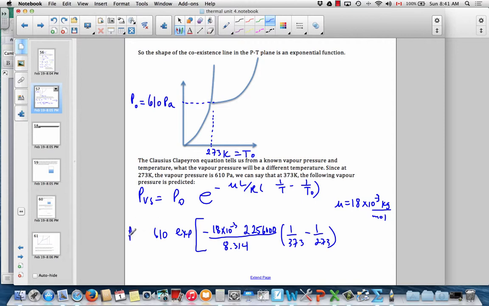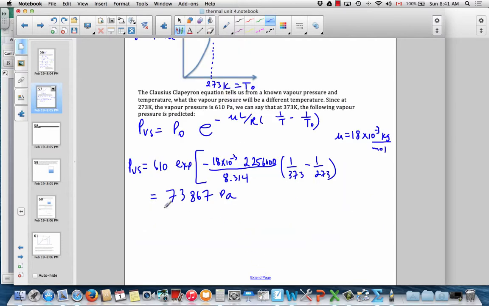So the saturation vapor pressure at 373, according to this equation, is 73,867 pascals. But of course, we know what it should be at 373 because that's the boiling point of water. It should be 101,325. So we've actually got something a little bit less than expected.